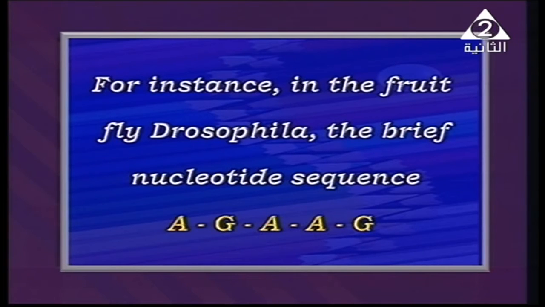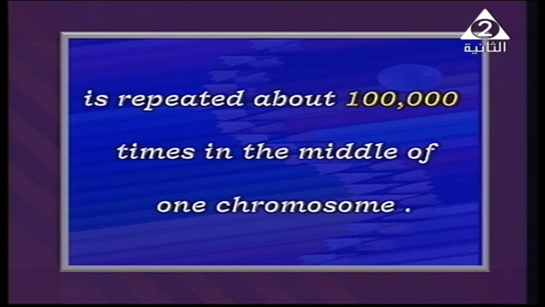The brief nucleotide sequence here for this fly is adenine, guanine, adenine, adenine, guanine. This is one strand of DNA, so you can conclude what the other complementary strand is: thymine, cytosine, thymine, thymine, cytosine.